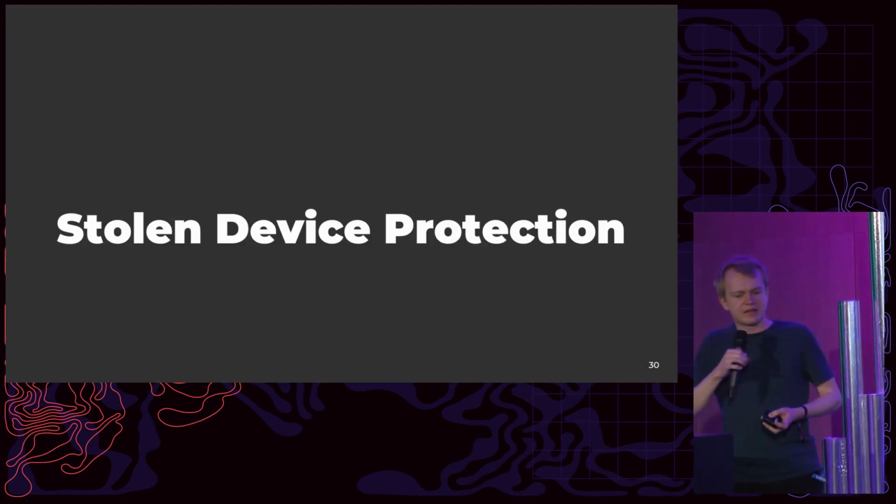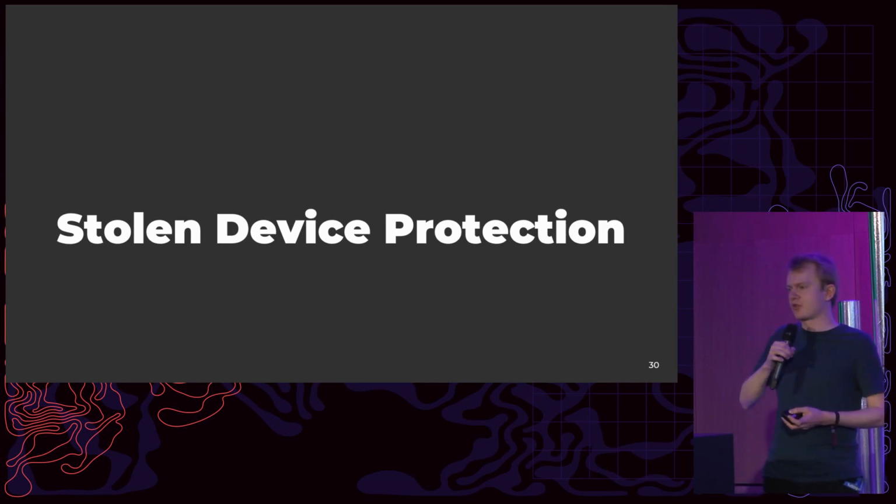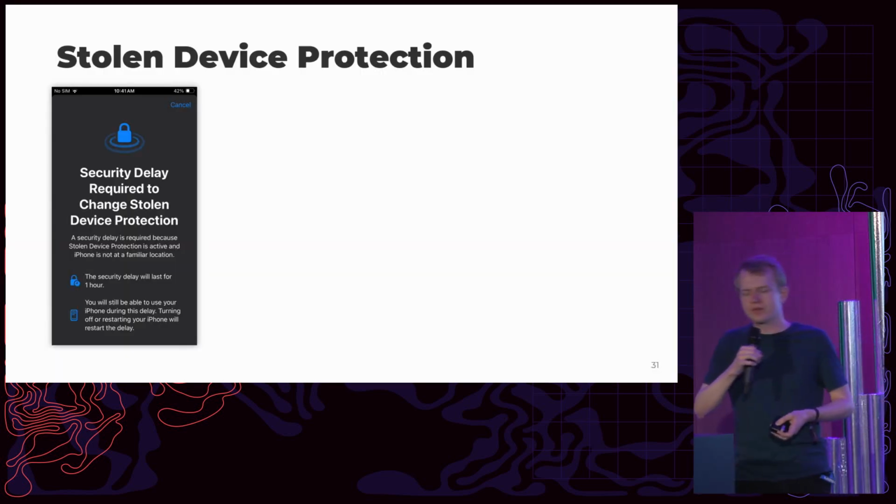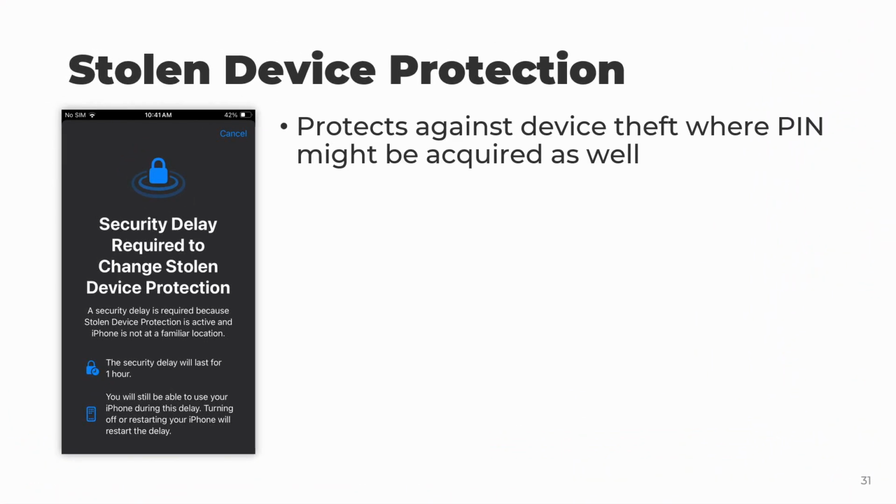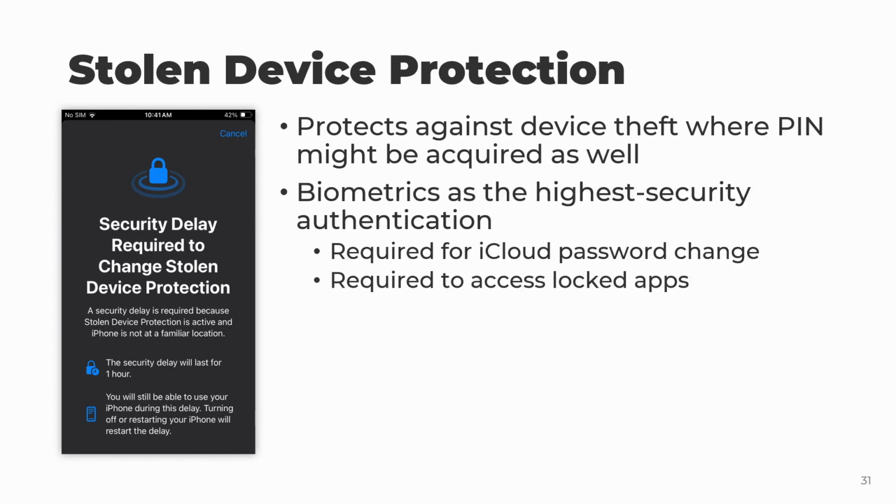Okay, as a last major topic, let's look at stolen device protection, which is a feature that some of you may have heard of. It has been introduced after devices were stolen, especially in the US, after thieves had observed people entering their PINs, which enabled these thieves to change far more things than just have that iPhone in their hand, and do things like make payments using the paired credit cards, also apply for an Apple credit card and make purchases with that in the terms of tens of thousands of dollars.